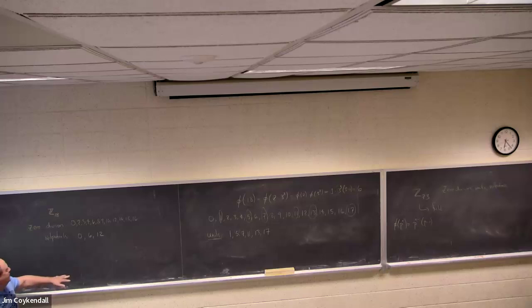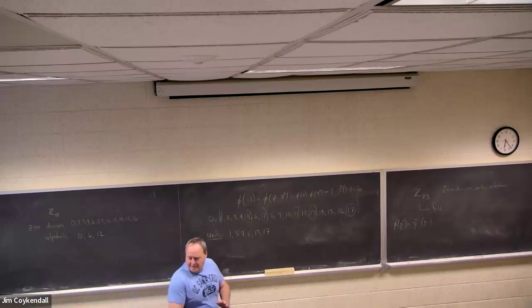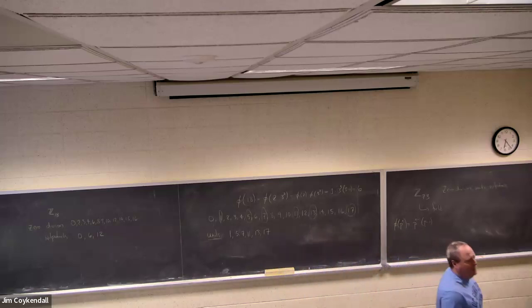The nilpotents do, but what about the zero divisors themselves? Yes. Can you explain what you mean by the nilpotents form an ideal? That's a theorem we actually proved in homework, right? If you have a commutative ring with identity, which we certainly have here, C18 is a commutative ring with identity, then the nilpotents are closed under addition and multiplication from elements, right? So they actually form an ideal.